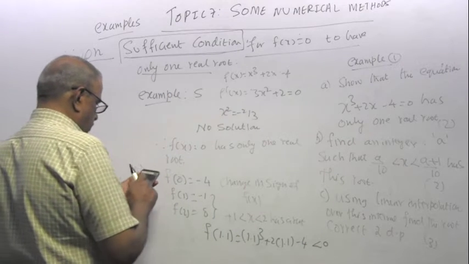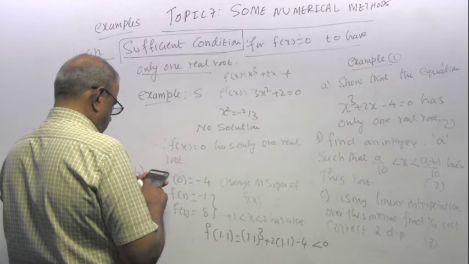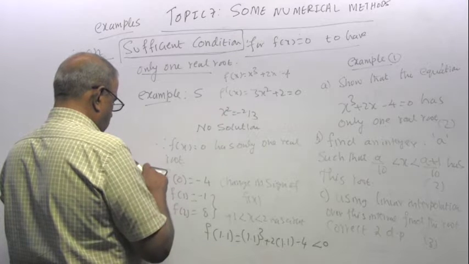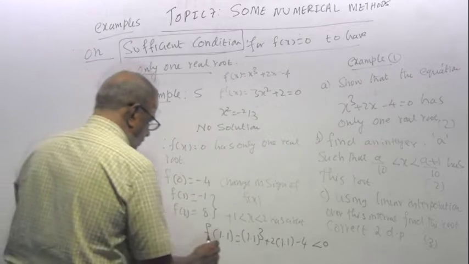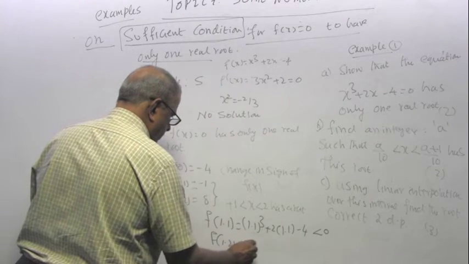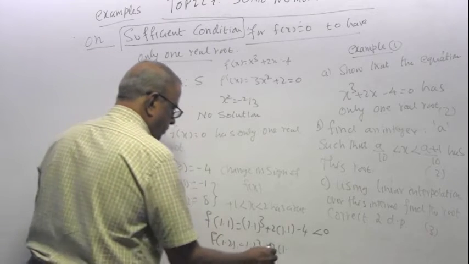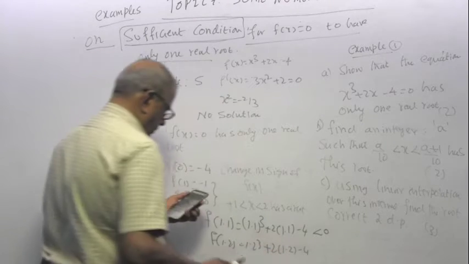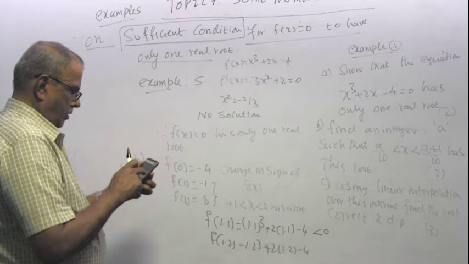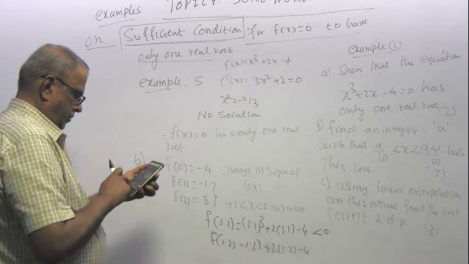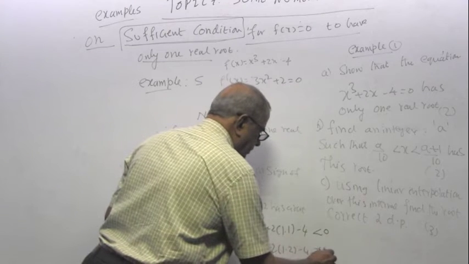What is f of 1.2? 1.2 cube plus 2 times 1.2 will be 2.4, minus 4, giving plus 0.128.